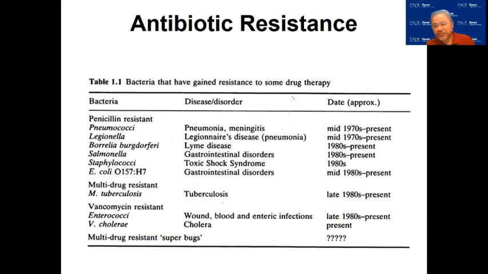And this is not new. They found out that bacteria have gained resistance to some drug therapy, and these are just some. So penicillin resistant: these are some microorganisms, the pneumococci for pneumonia and meningitis, Legionella for Legionnaires' disease, Borrelia burgdorferi for Lyme disease, Salmonella, Staphylococci, and E. coli.